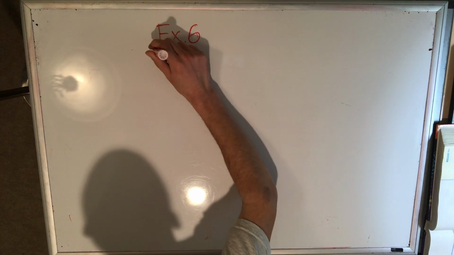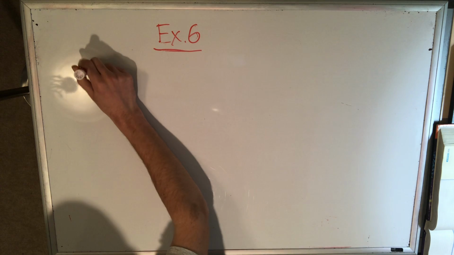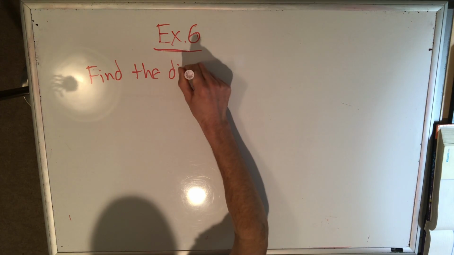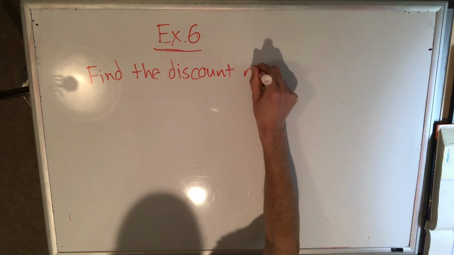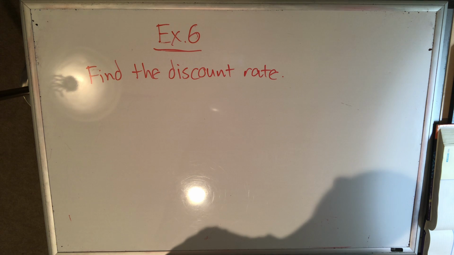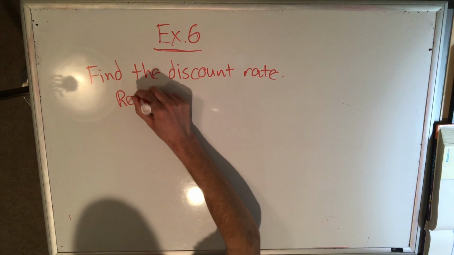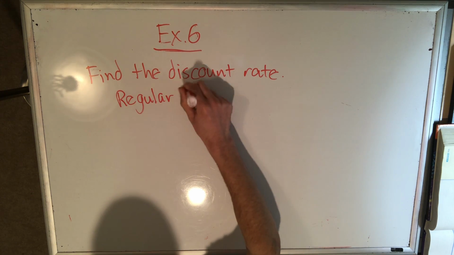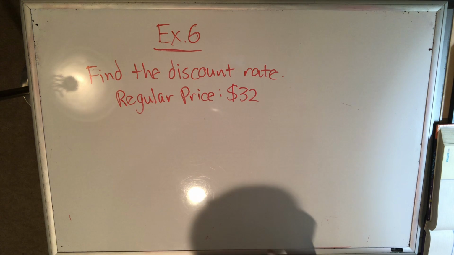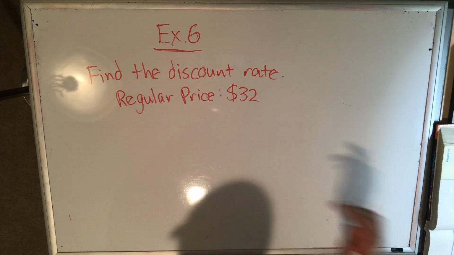Example 6. Find the discount rate. So the regular price is $32. And the discount is $5.12.